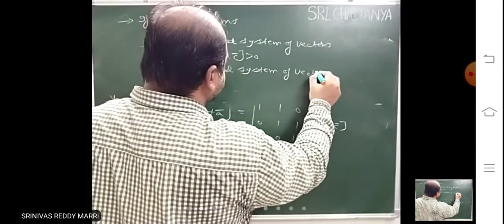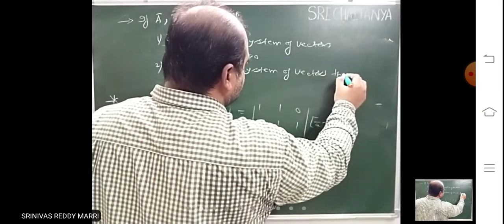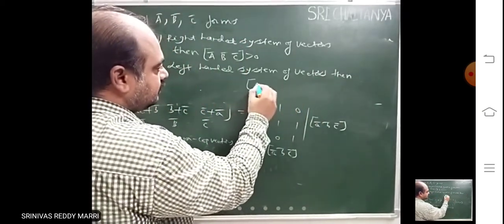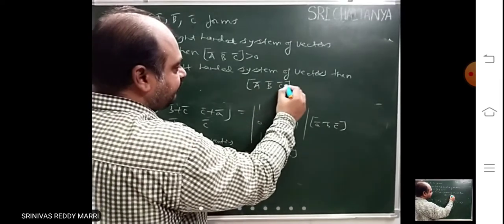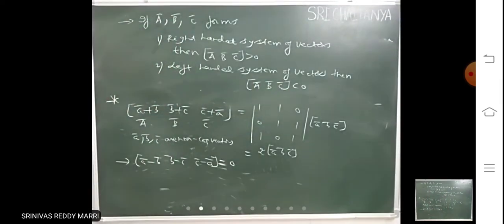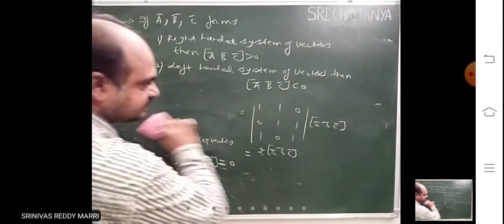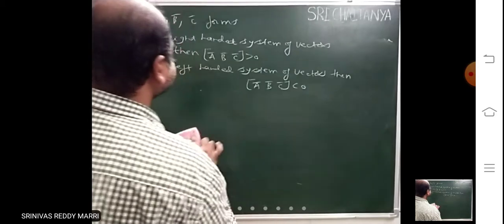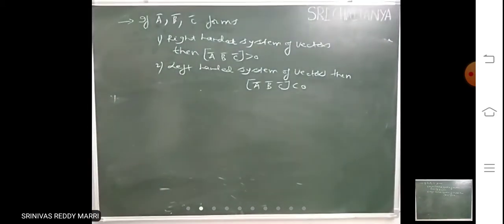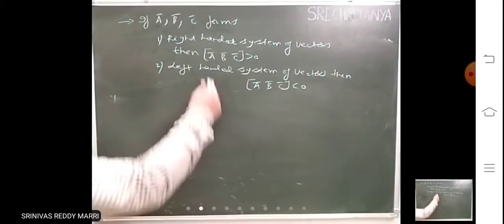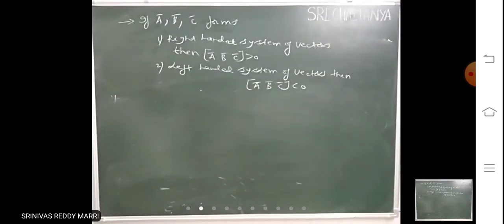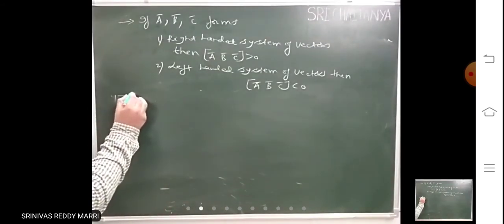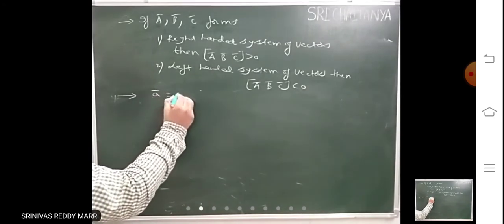If the determinant you are calculating is negative, then they are called a left-handed system of vectors. So positive means those three vectors are called a right-handed system; if negative, then they are called a left-handed system. Suppose we take one example.